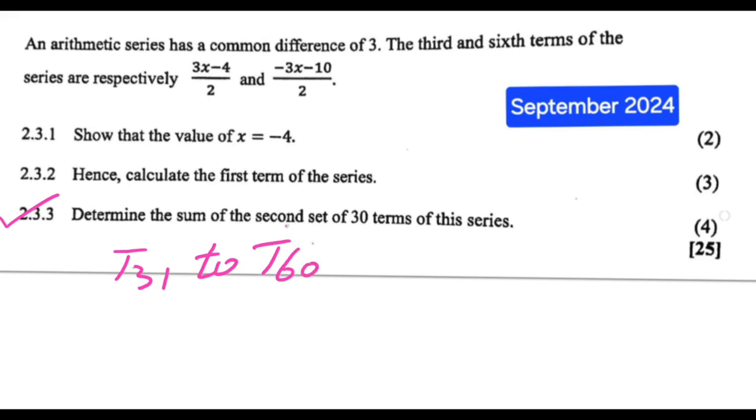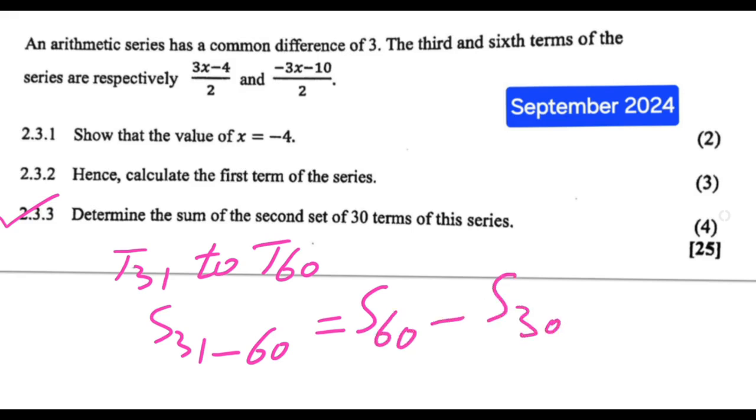So the sum of these series term is, so it's going to be S31 to 60 is equal to, from S60 total is 60 term minus the S30, right? Because he say determine the sum of the second set of 30 terms. So second set T31 to T60.